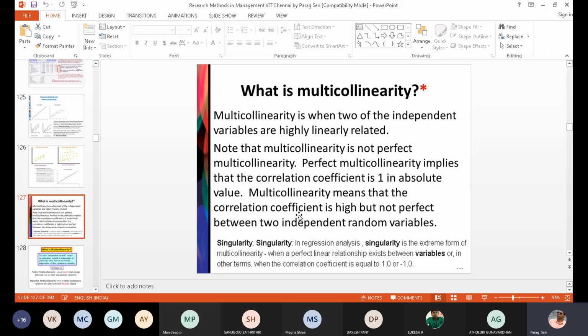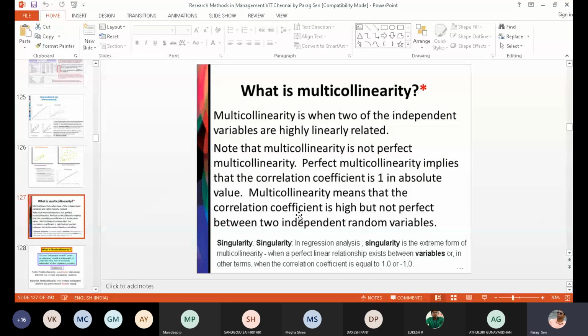Another thing we are going to discuss is what is known as multicollinearity. Multicollinearity is when two of the independent variables are highly linearly related. Note that multicollinearity is not perfect multicollinearity. Perfect multicollinearity implies that the correlation coefficient is 1 in absolute value.